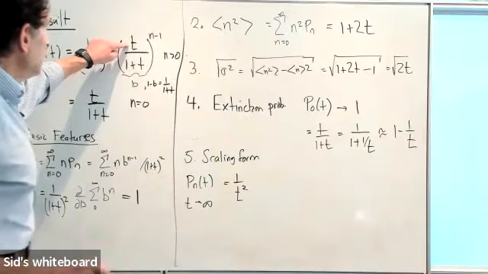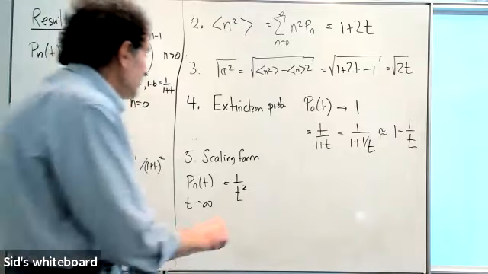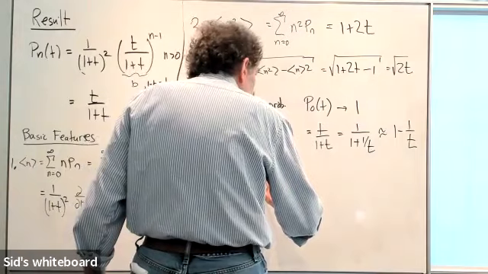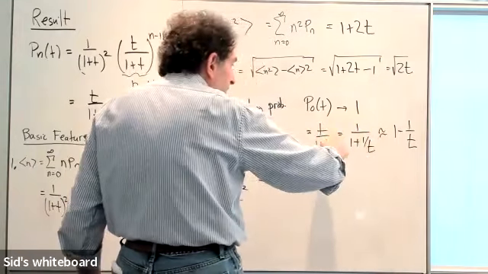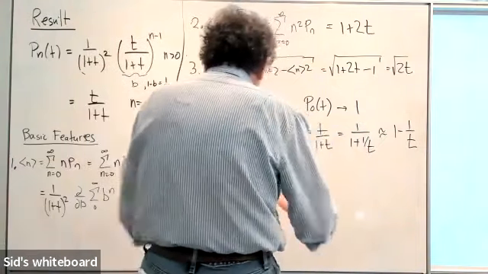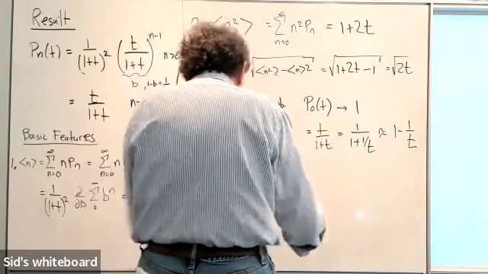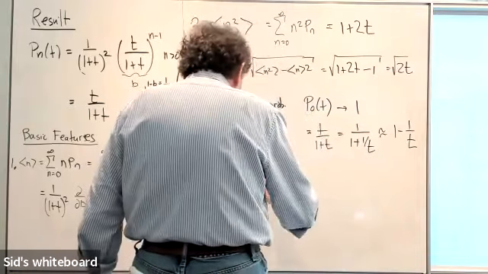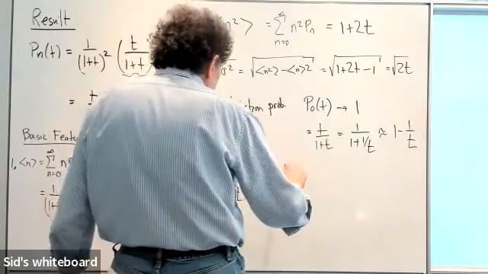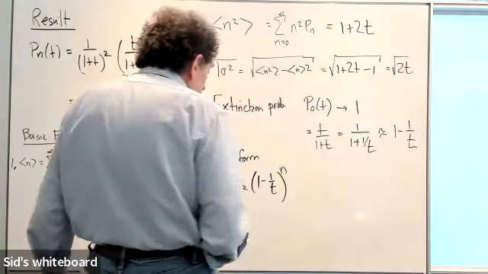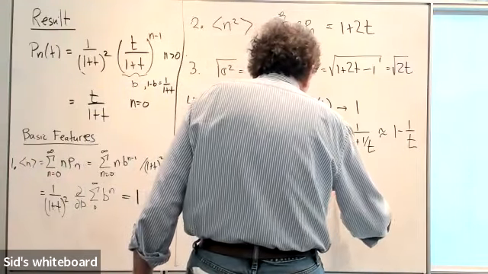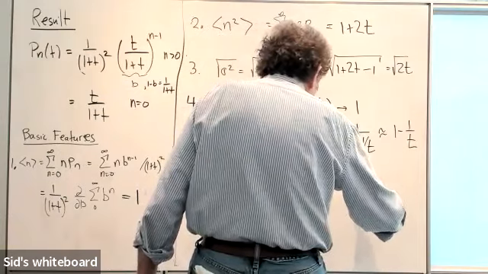And here we have t divided by 1 plus t, which in the limit of large time goes like 1 minus 1 over t to the power n minus 1. But in the limit of long time, n and n minus 1 don't matter. And so I can write this as 1 over t squared e to the minus n over t.